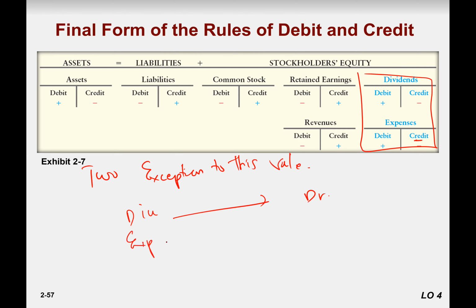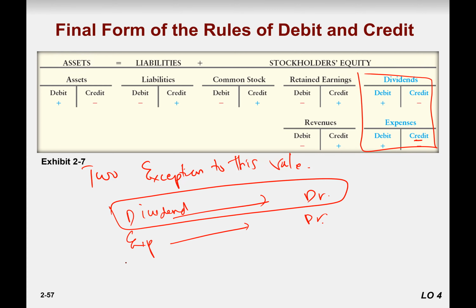If expenses occur, always debit, right? The explanation I have already given, but if you don't understand, then just remember this one. There are two exceptions to the rule of debit and credit. Number one, if dividend occurs, always debit. If expenses occur, always debit.